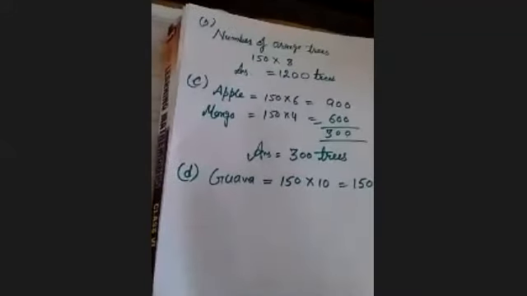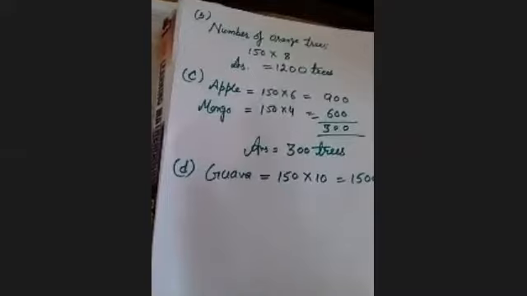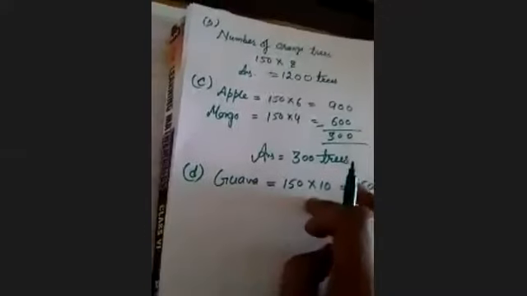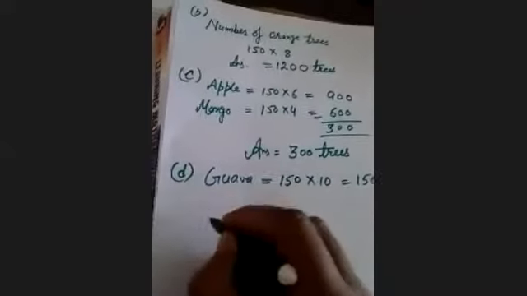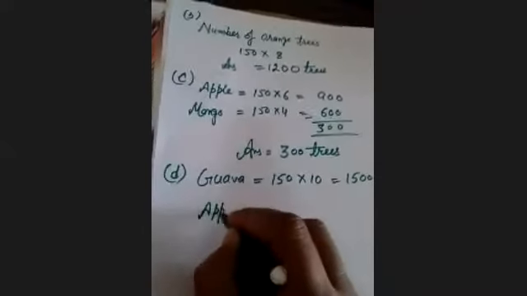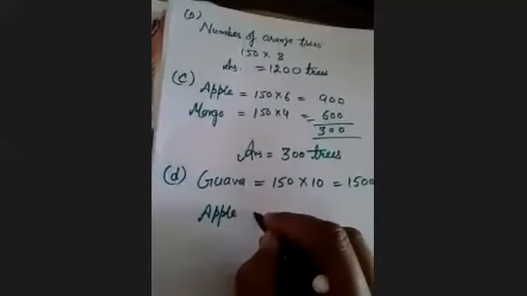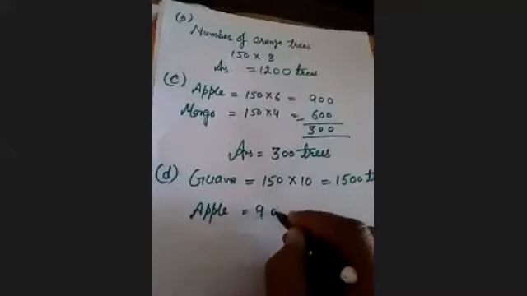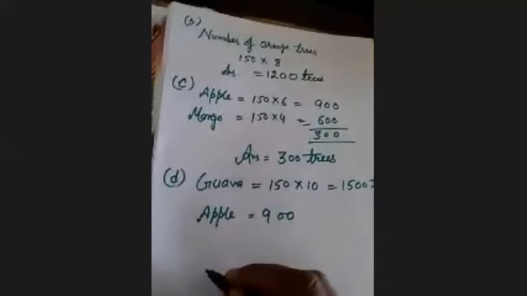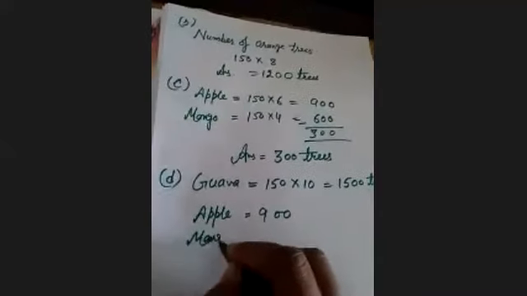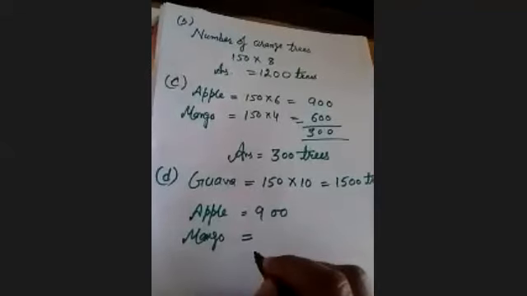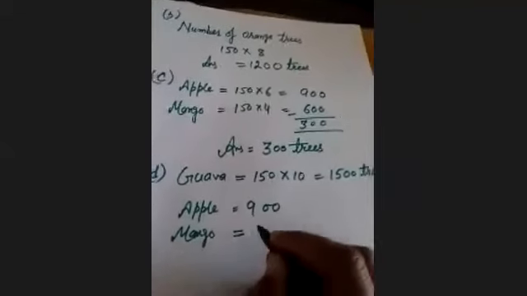Now the number of which two types of trees together is equal to guava trees. So now see apple. We have 900 trees, and mango, we have 600.